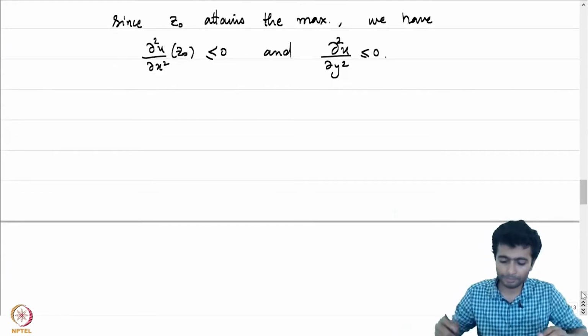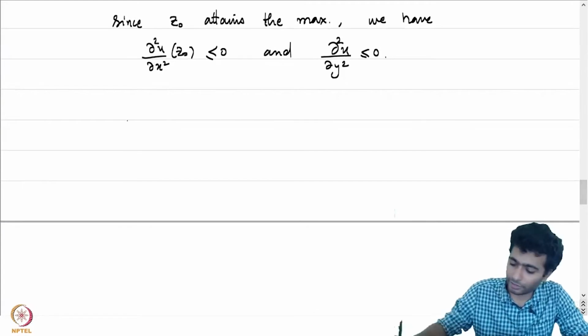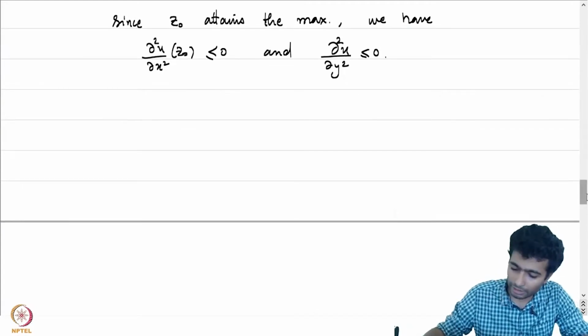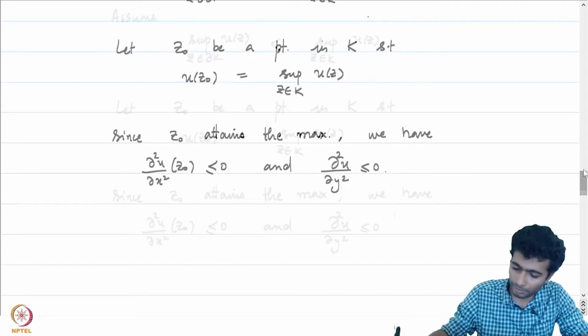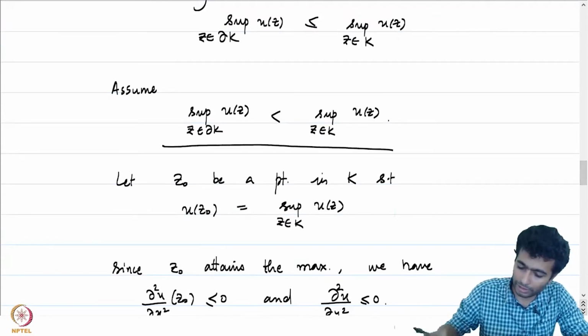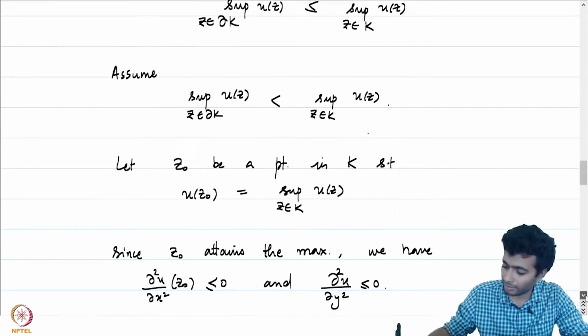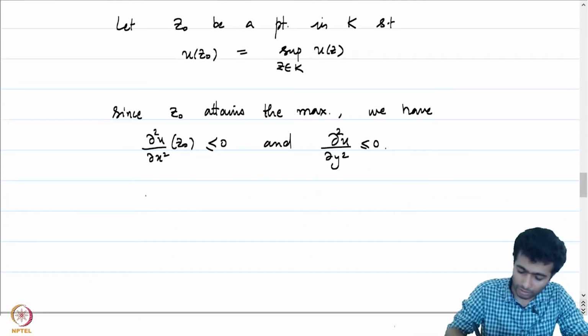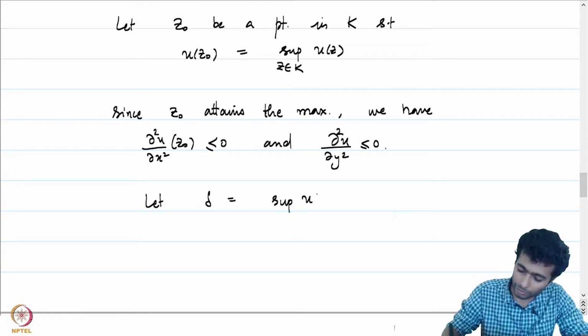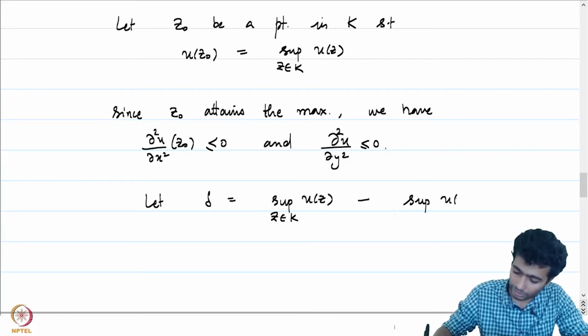To do that, let's first notice that this supremum is strictly less than the supremum over K, and let's call the difference something. Let delta be equal to the supremum of u of z, where z is in K, minus the supremum of u of z, where z is in the boundary of K.